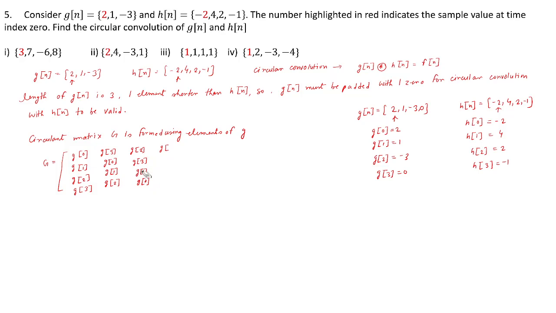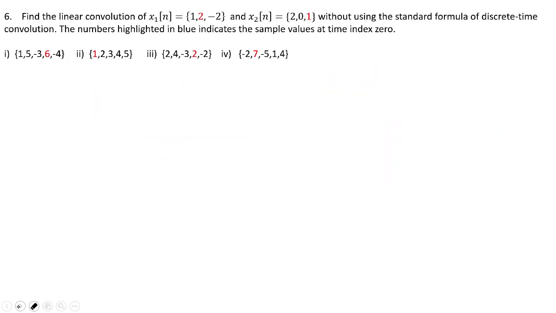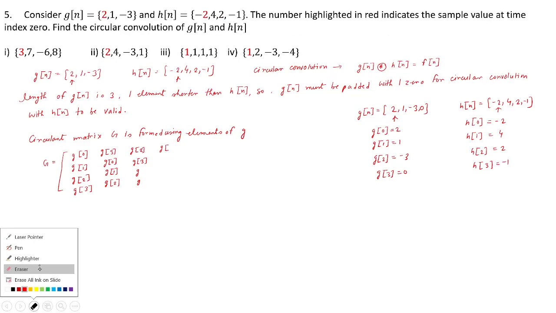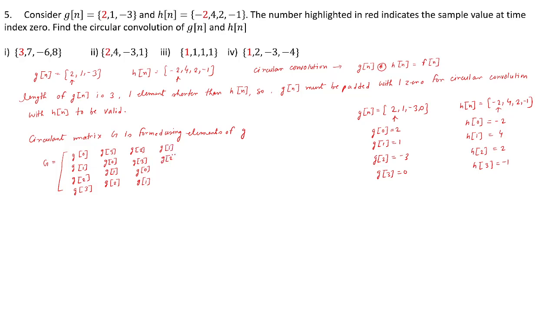It should be G0 and it should be G1. Then G1 comes here, then comes G2, then comes G3, then comes G0.